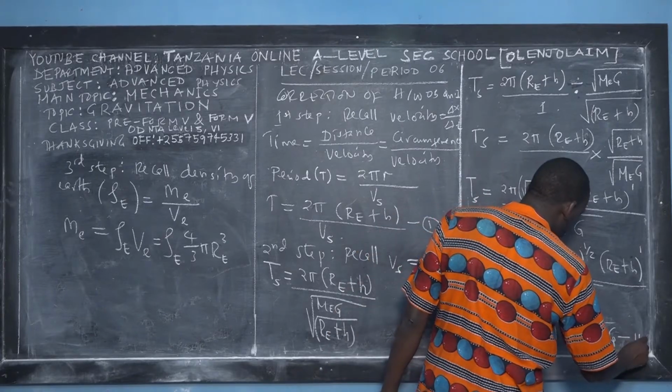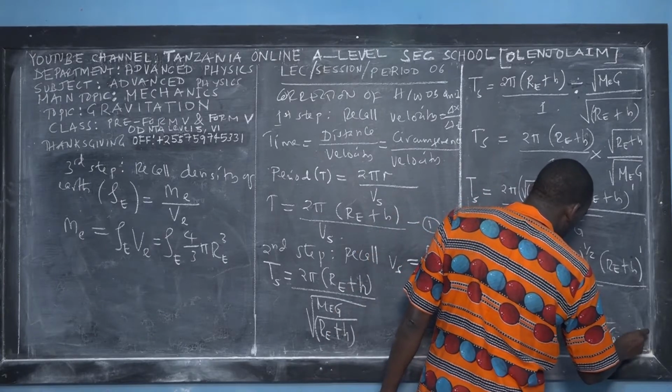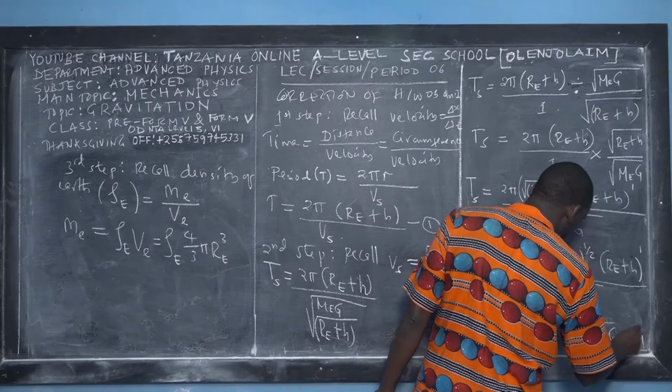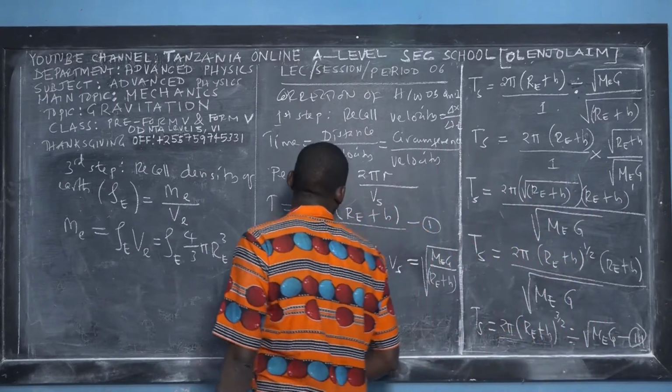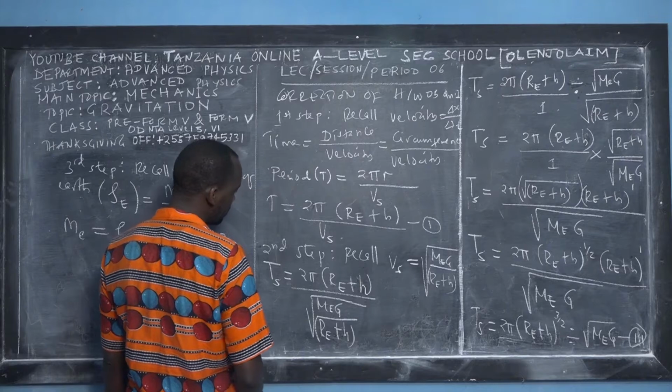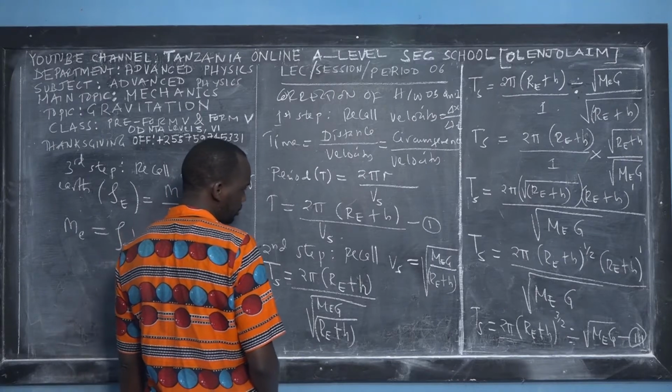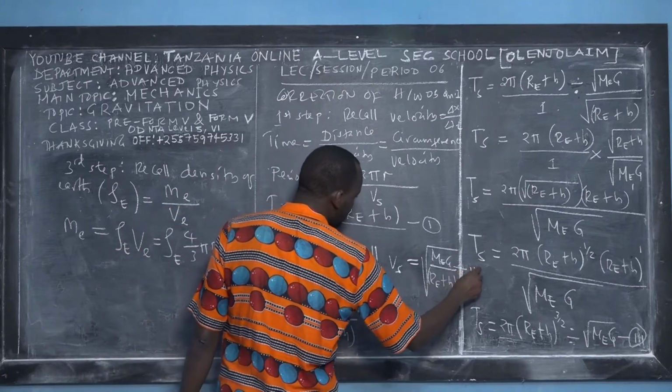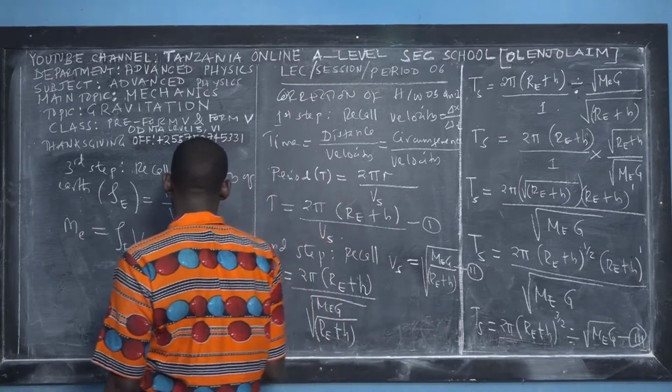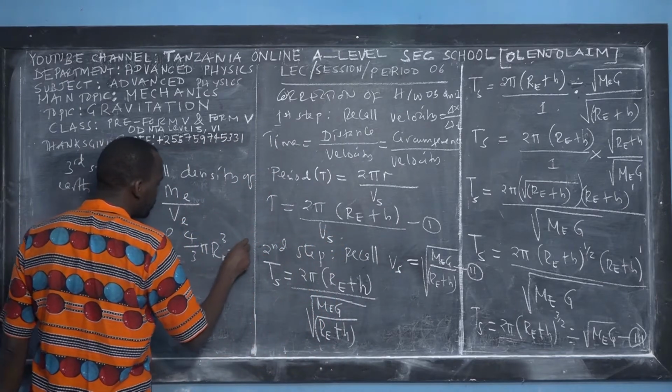So suppose that this is equation 3, because this is equation 1 and this is equation 2, and this one is equation 4.